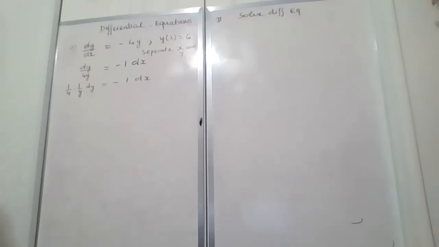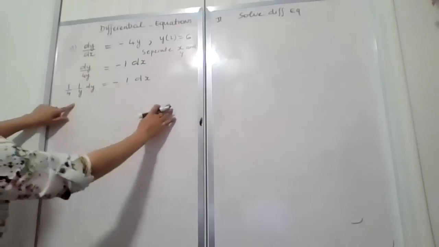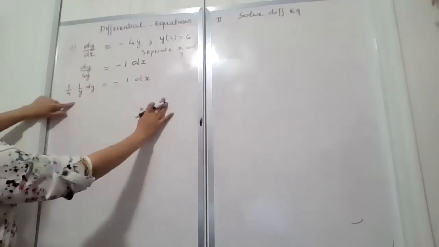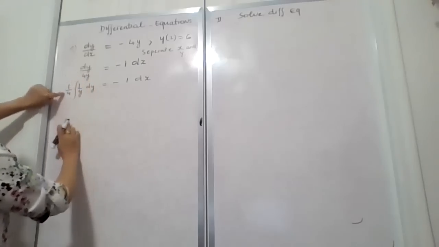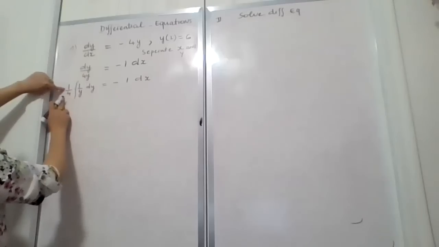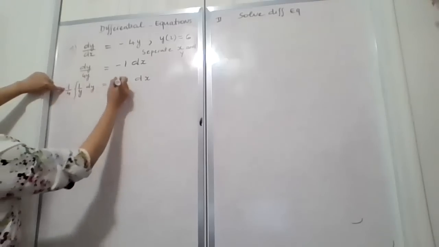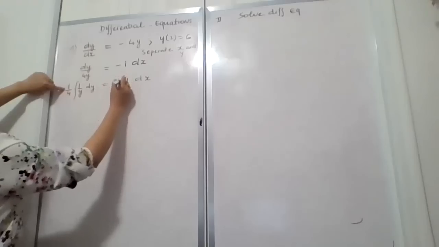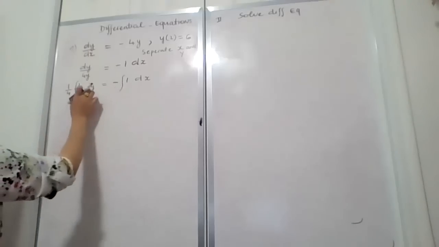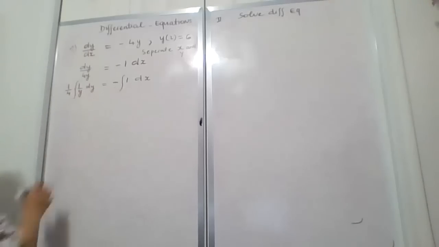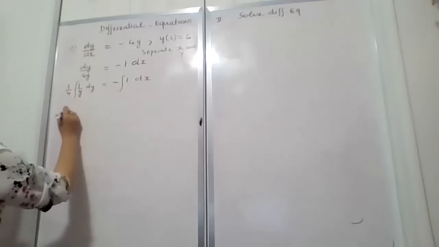Now, at this point, I'm going to integrate both sides. When I integrate, I'm allowed to bring the constant to the front, right? So I integrate like this, as well as this negative, I bring the negative outside. So now, antiderivative, 1 over 4 is still 1 over 4.